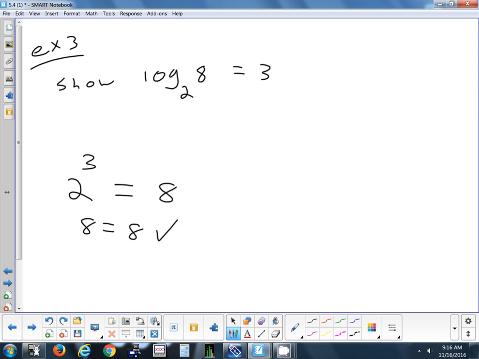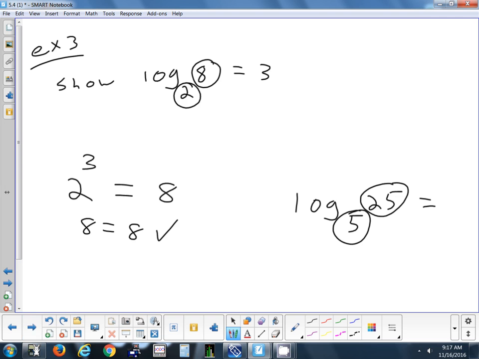Okay, logs where this number is a power of this number are very easy to do in your head. Like this is another one I could do in my head, because 25 is a power of 5. Now if you made that a 24, I couldn't do it.